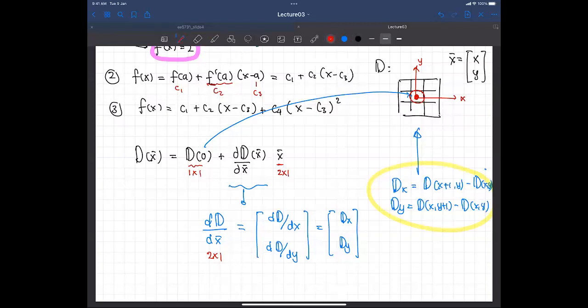What is the output here? The output here is a function, right? And the function for certain x will be 1 by 1. So the multiplication of the second term has to be 1 by 1. If your x bar is 2 by 1 and your derivative is 2 by 1, then what do you do? You have to transpose. Then it becomes 1 by 2, and that's where the multiplication will be doable.